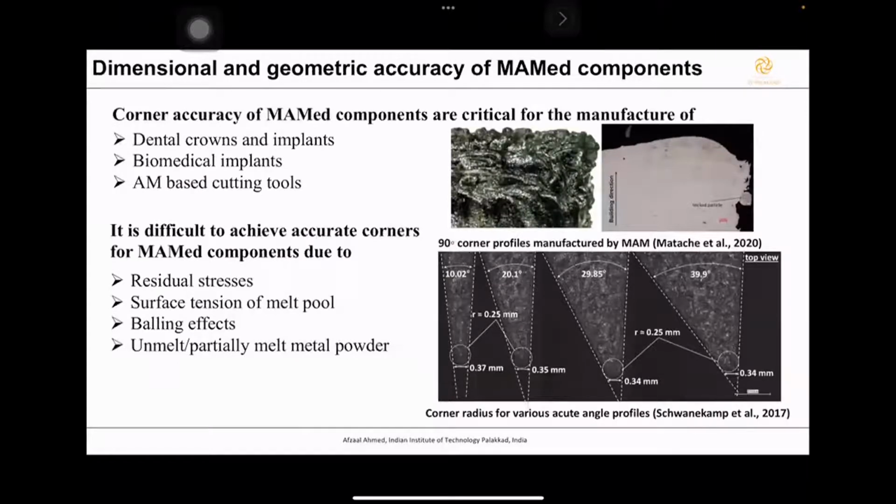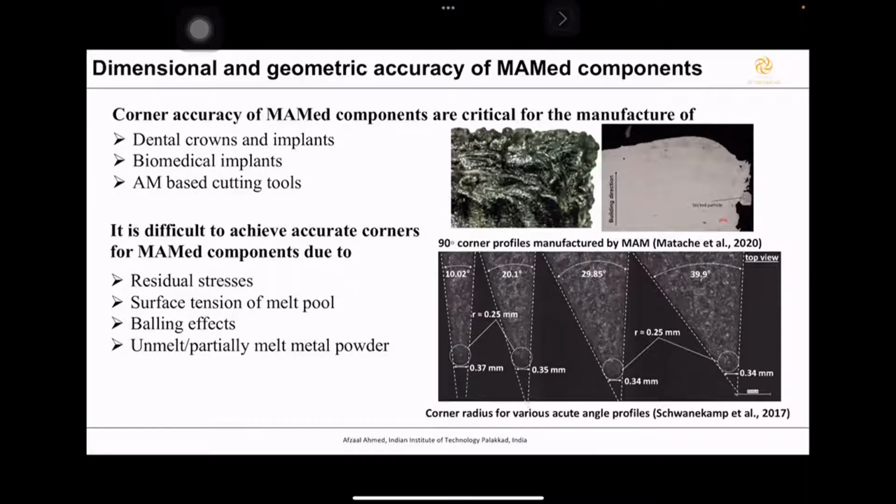Now let us talk about dimensions. This is again a major challenge. Where are these dimensional inaccuracies coming from? Basically, this is additive manufacturing. Metal additive manufacturing is a thermal process, where melting and solidification is involved.